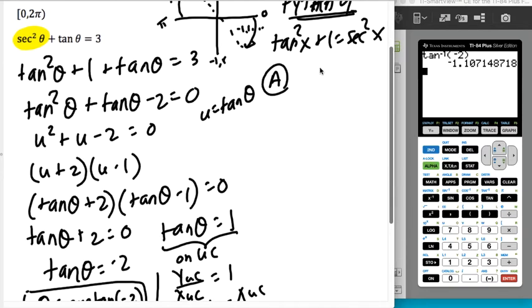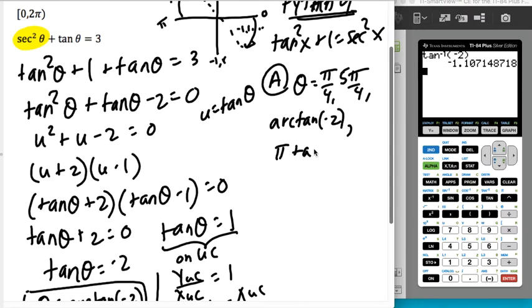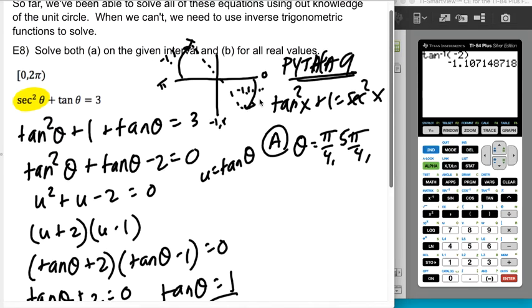So the answer to A is, I'm sorry, there are two different sets of answers. There's pi over 4 and 5 pi over 4. Those are the two I can get from the unit circle. But if I'm giving exact answers, there's also the arctan of negative 2, and there's pi plus that value. And the reason I said plus that value is that arctan, let me rephrase. It's actually not the arctan of negative 2. Hold on. So the three values that I would want are this one, right? See how I have this negative whatever?